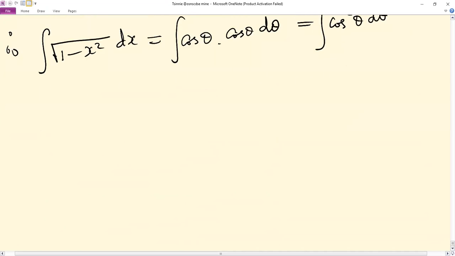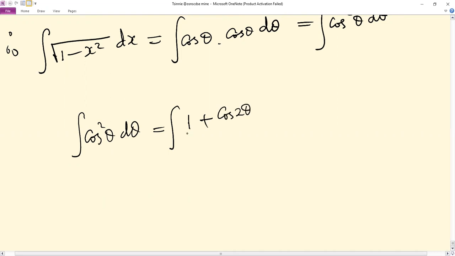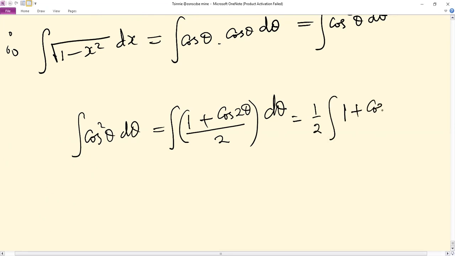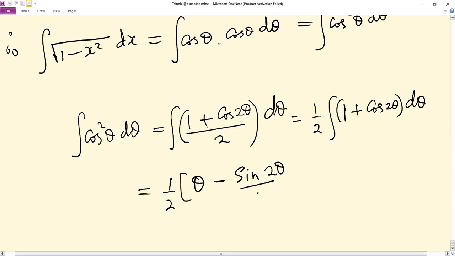And to integrate the integral of cosine squared theta d theta, we use the identity cosine squared theta equals 1 plus cosine of 2 theta divided by 2, d theta, which is the same as a half integral of 1 plus cosine of 2 theta d theta, and this will give you a half into theta plus sine of 2 theta, but then we have to divide by 2.